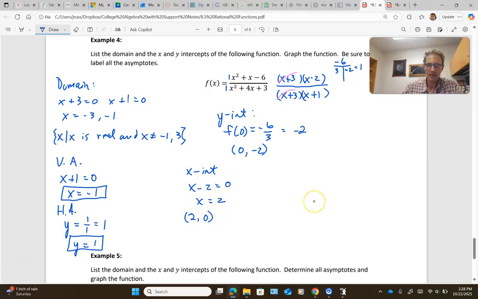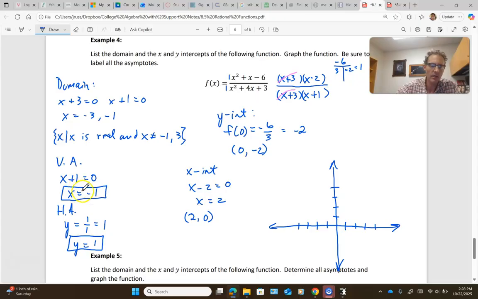Now I'll draw a rough sketch here, put this information in, and then we'll graph it in Desmos. What I like to do first is draw in my vertical and my horizontal asymptotes.